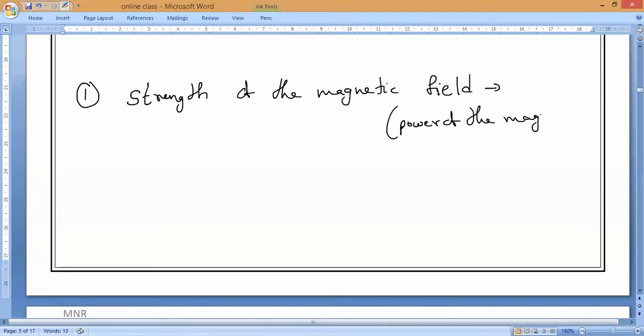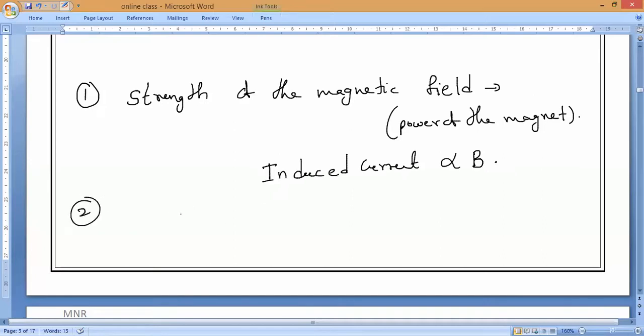More powerful magnet, more current is induced. Less powerful magnet, less current is induced. So as we know, induced current is directly proportional to the magnetic field B, which means the power of the magnet. That is the first factor.